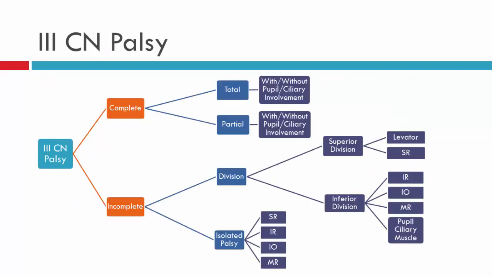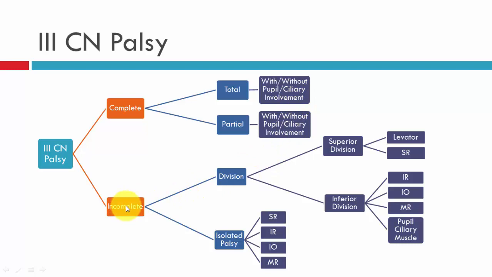Okay, so here's a flowchart of what we've just discussed, where we have the third nerve palsy. It could either be complete or incomplete. With your complete, it could be total or partial, and here we could either have pupil sparing or not, depending on the situation.